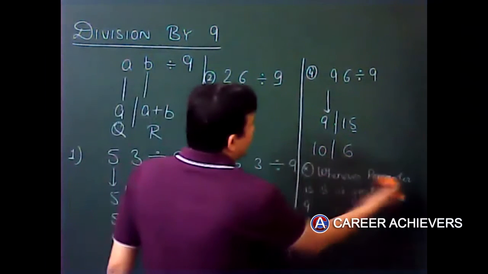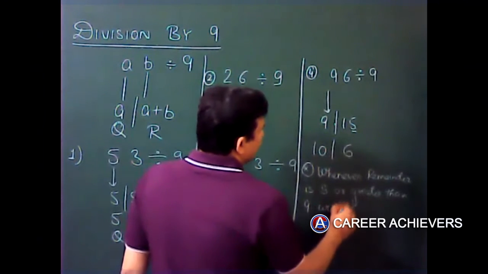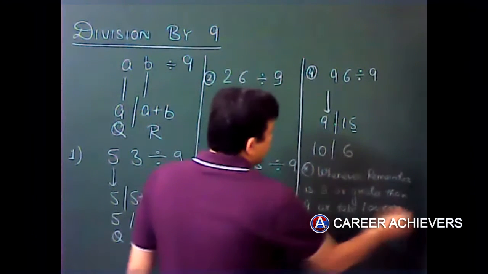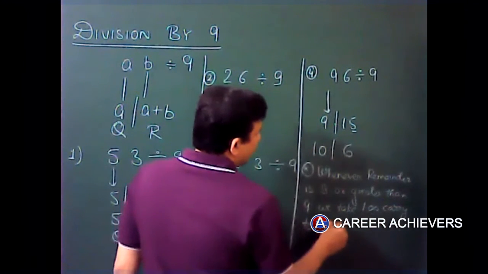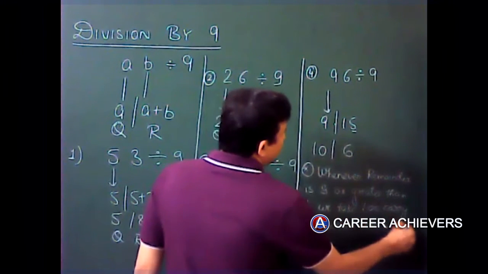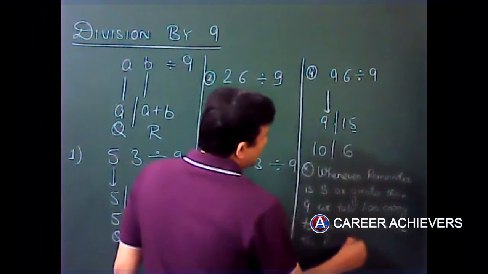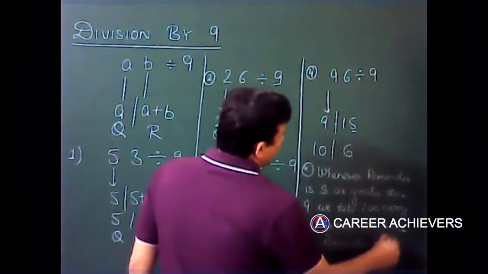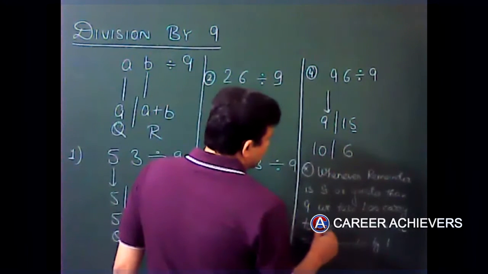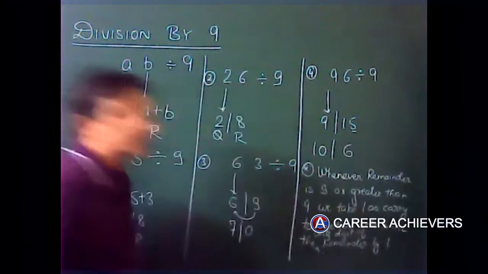So whenever the remainder is 9 or greater than 9, we take 1 as carry to the quotient side and increase the units digit of the remainder by 1.